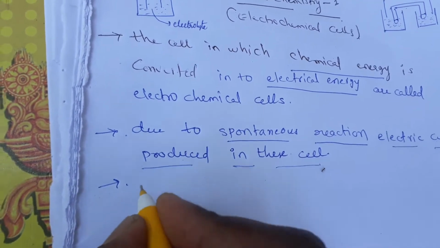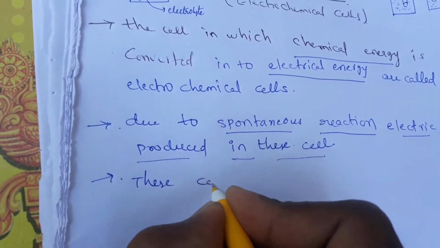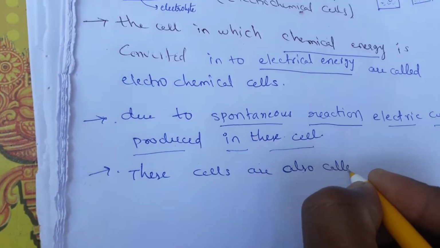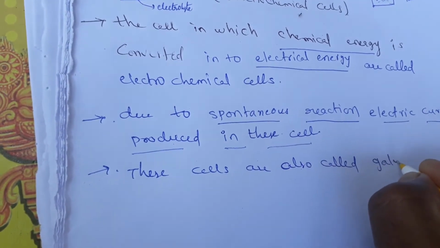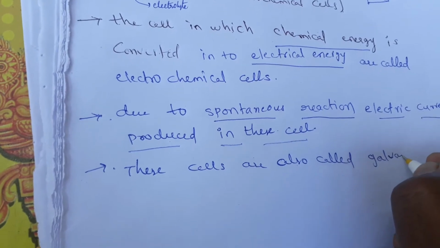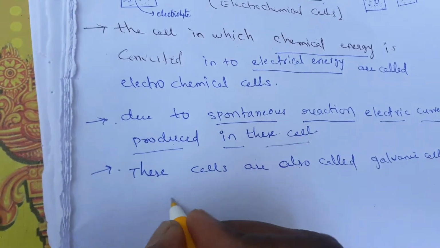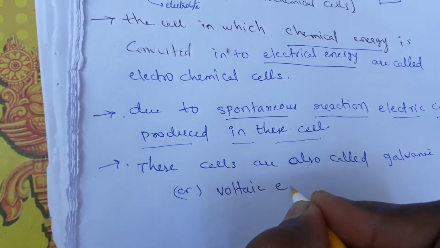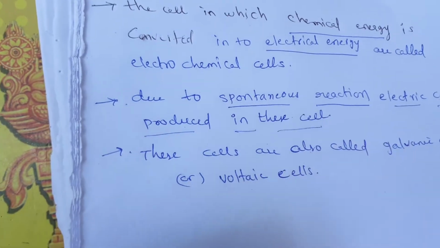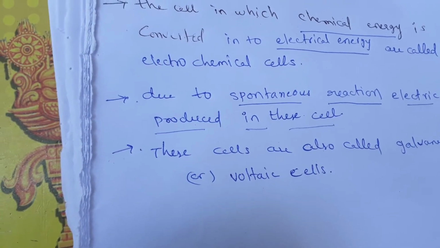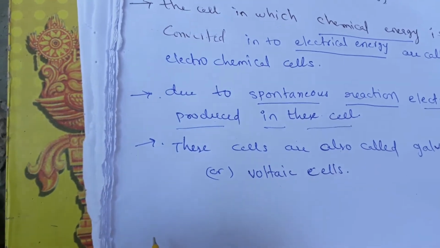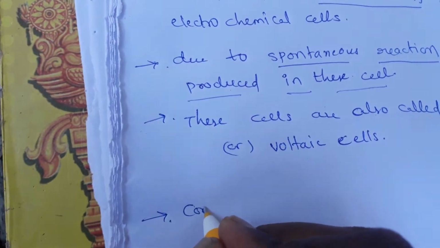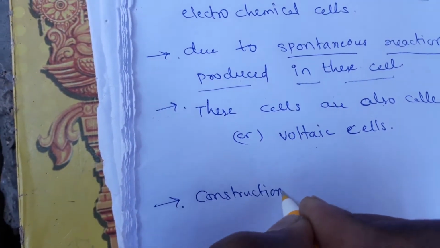These cells are also called galvanic cells or voltaic cells. Why? Because volts of current are generated from this, so we can call them galvanic cells and voltaic cells.